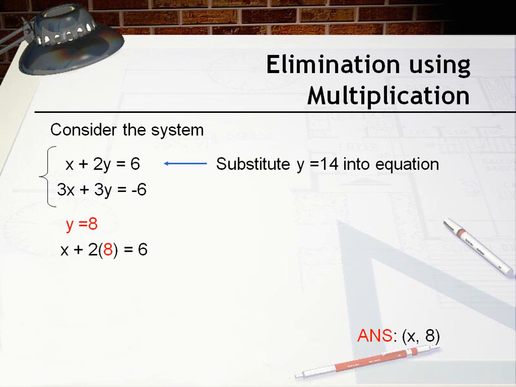So let's plug into x plus 2y equals 6. We get x plus 16 equals 6. Subtract 16 and we get x equals negative 10. Alright, again, let's prove that graphically.